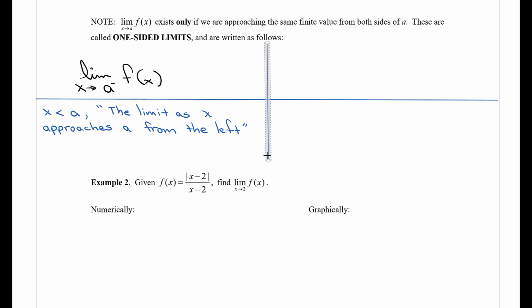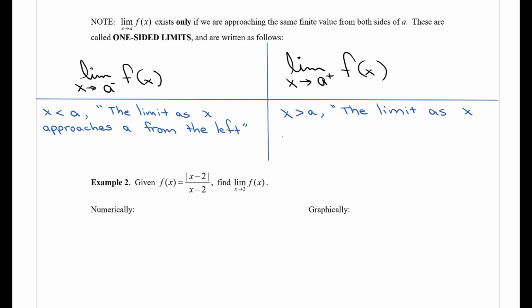Now I'm going to draw some line segments here to separate what I'm going to write on the right-hand side. So I have a vertical line segment and a horizontal line segment. I have the limit as x approaches a from the right of f of x. And I'm going to write underneath that x is greater than a, because the values here are going to be greater than a.